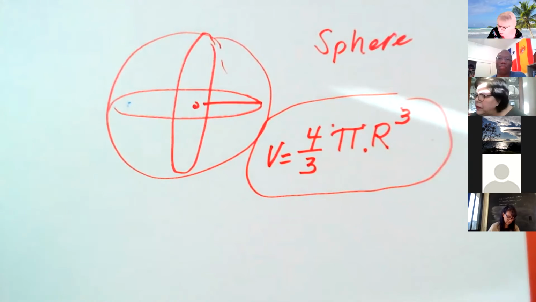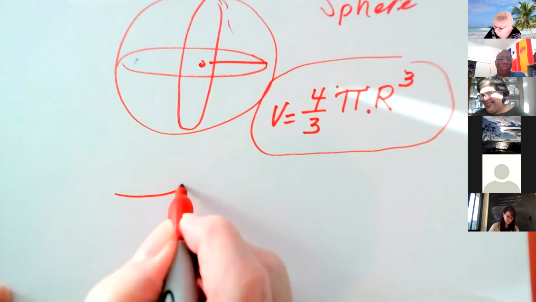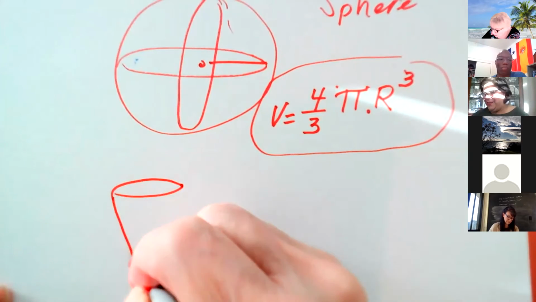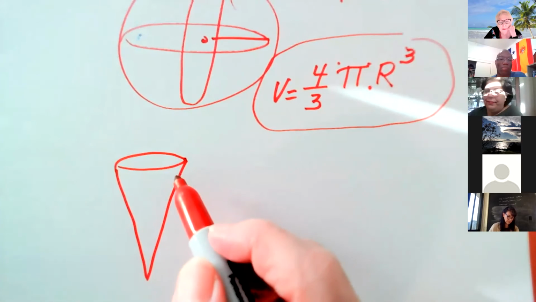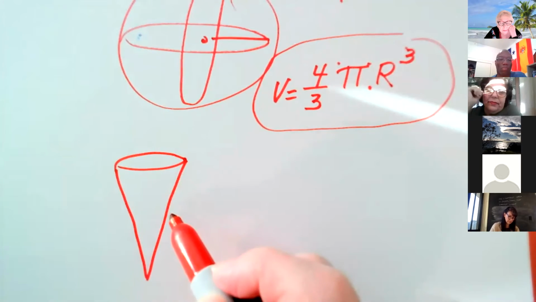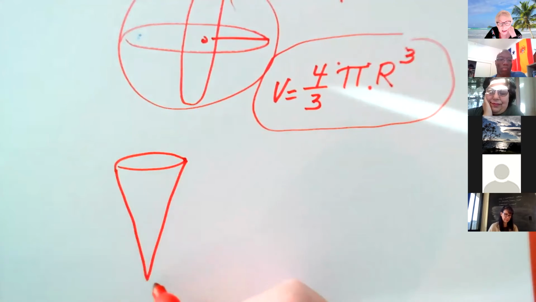So let's see. There was a silly problem about an ice cream cone, and I don't know if we're running out of time. So the ice cream cone, which would have been the cone, right? Depending on what they wanted you to do with it, I suspect they wanted you to find the volume.